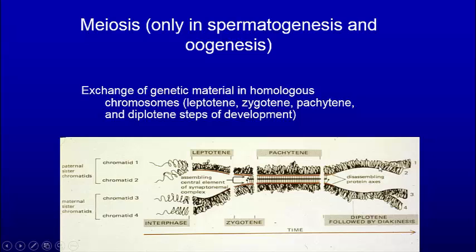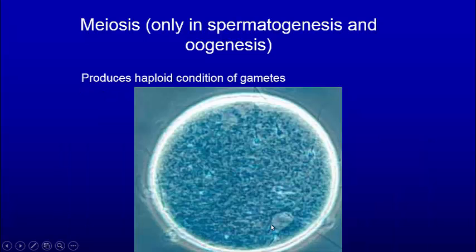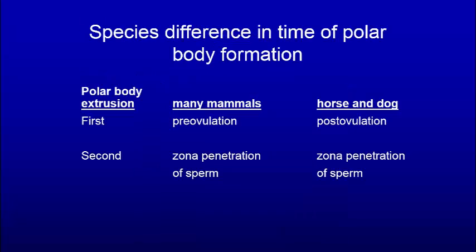The second meiotic division pulls number 1 from 2, number 3 from 4, for equalization of what's in there. So it produces a haploid condition, because you have one duplication of chromosomes and two divisions.